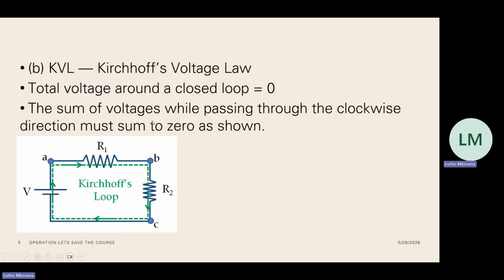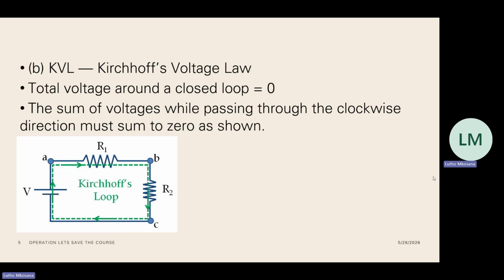Kirchhoff's voltage law states that the total amount of voltage around a loop sums up to 0. So the sum of voltage while passing through the clockwise direction must sum up to 0.